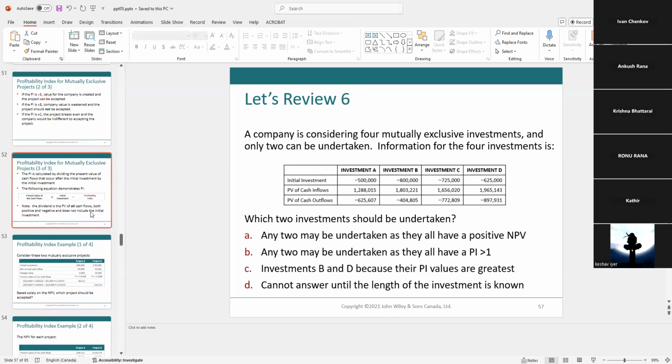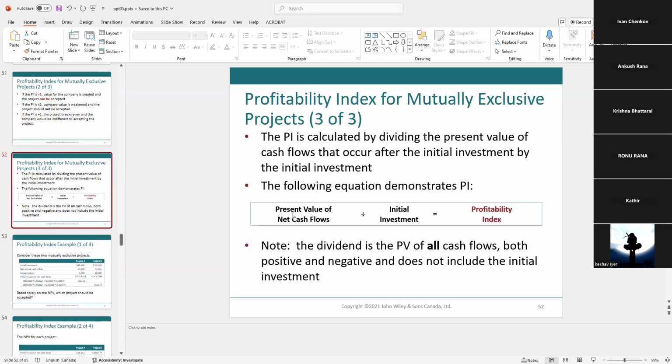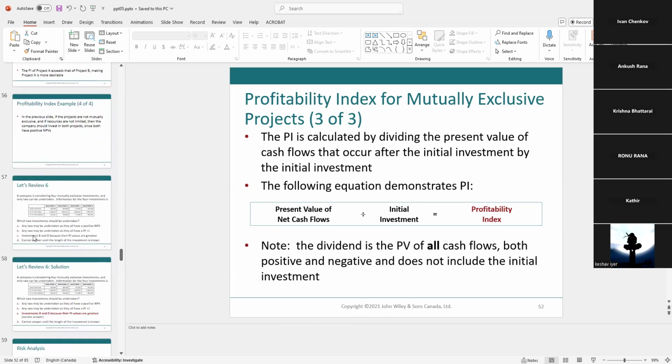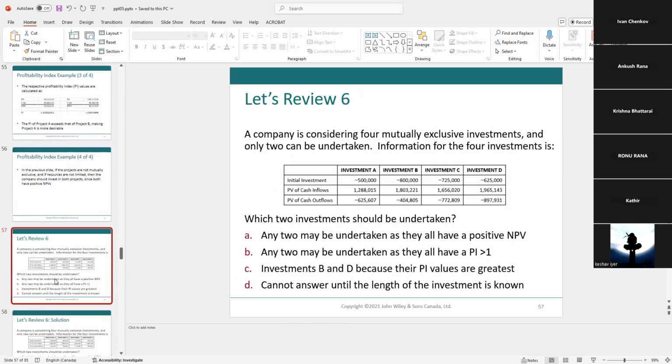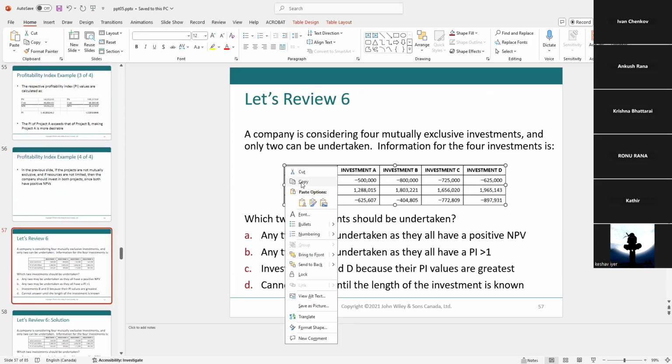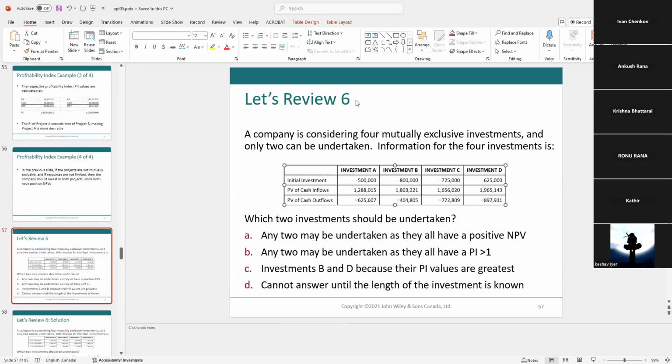Remember the formula: the present value of the net cash flows divided by the initial investment. We're chasing the net inflows here. Make sense? So if we take this table and flip it to an Excel spreadsheet, that should be easy.